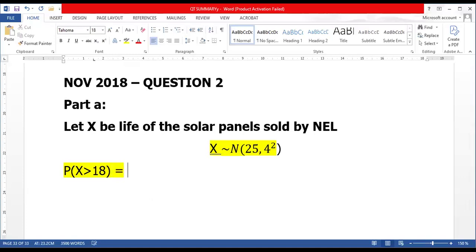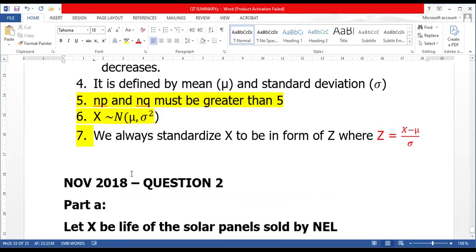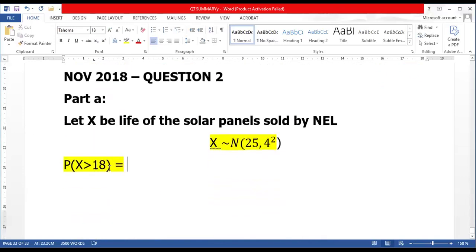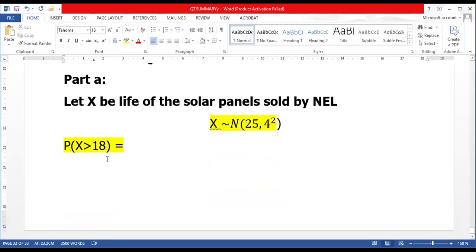You cannot solve this without standardizing. That's why I had to bring this one, that we always standardize X to be in the form of Z. So where you have X, I am going to put Z. Z is greater than, now I standardize this figure.